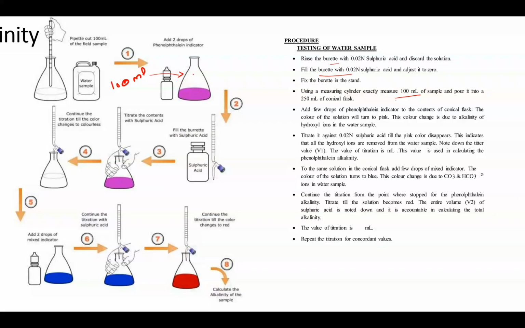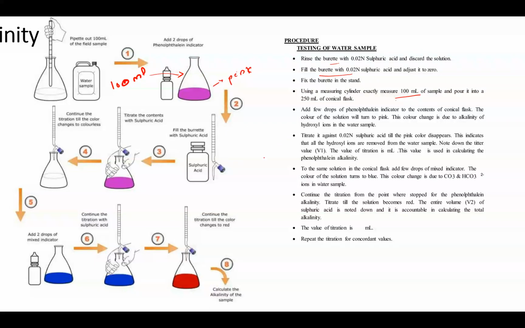Here you have your sample, then you add 2 drops of phenolphthalein indicator. After adding a few drops of phenolphthalein indicator, the color of the solution turns pink, as you see in the figure.